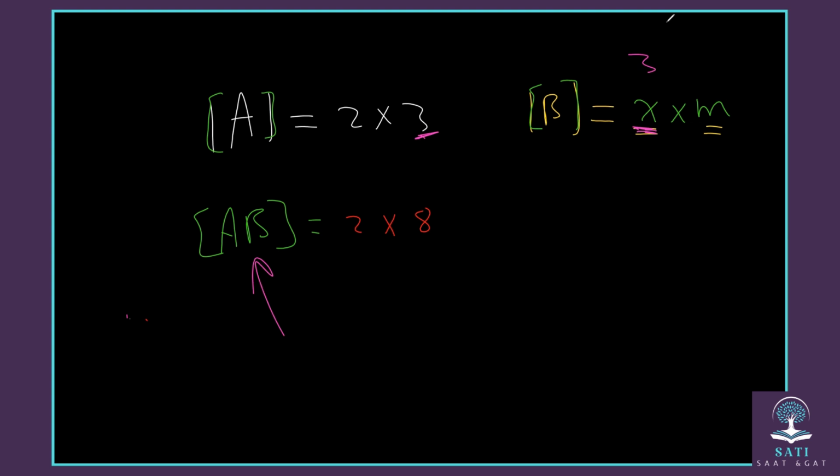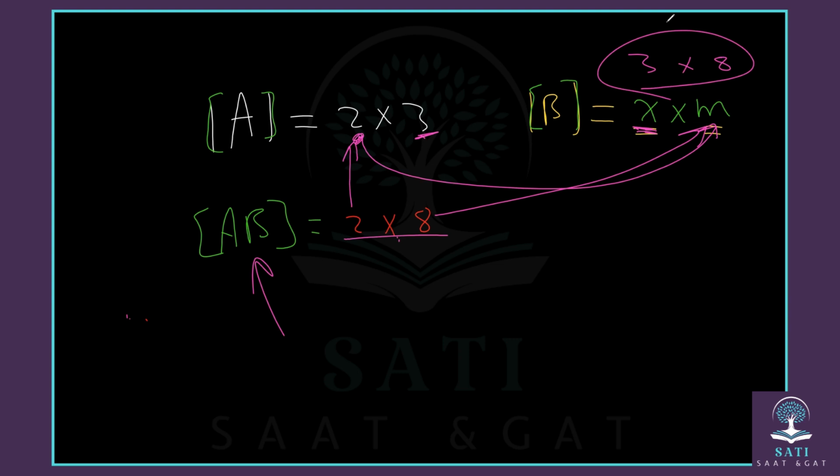We said if you can multiply them, the result will be this number times this number. As the result is 2 times 8, the 2 came from here, and the 8 came from M. So M is 8. Now I found that X is 3 and M is 8.